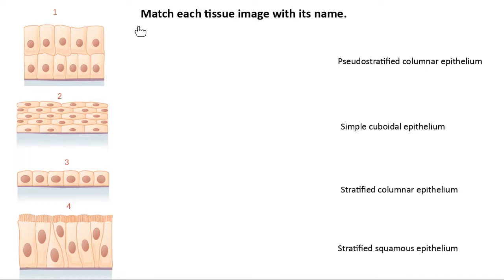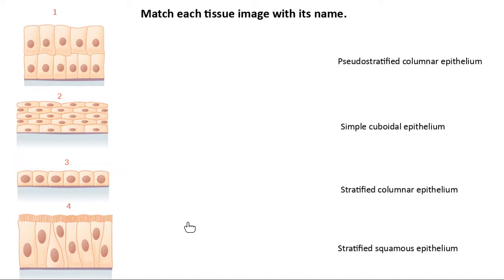Let's start with you telling me which of my types of tissue that I see here would be considered simple epithelium. Which of my tissues here would be considered simple?